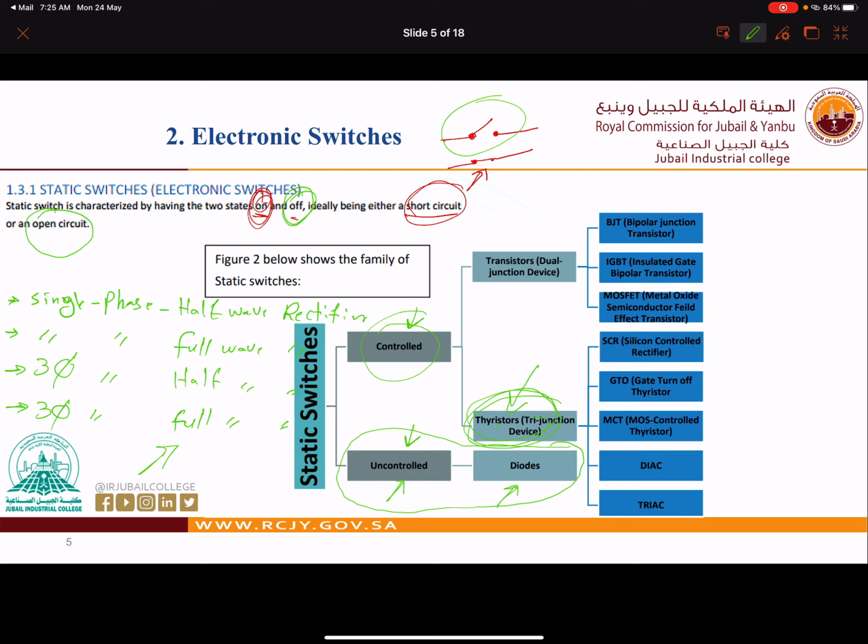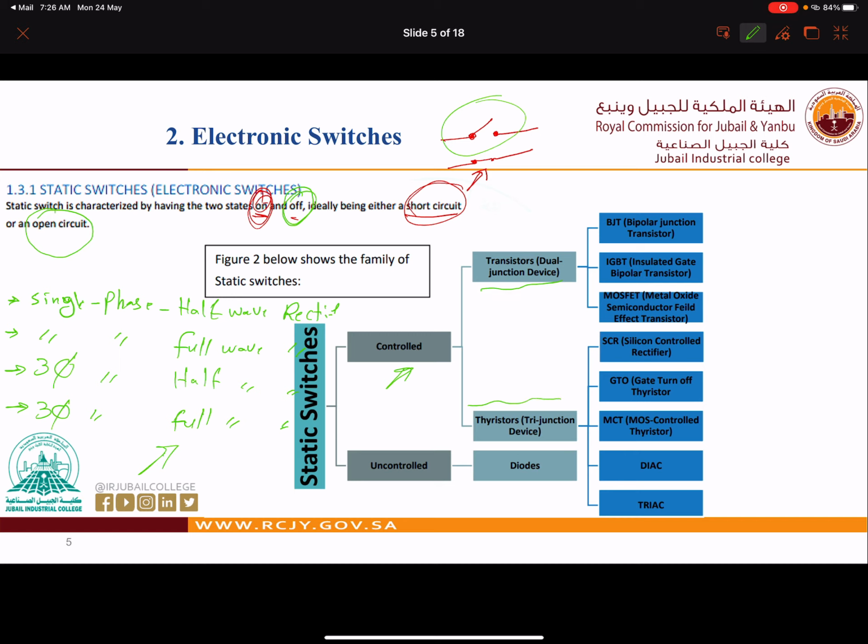And again inshallah I'm going to explain why it is controlled in the coming weeks. Now the control part here, let me just erase those ones here. Now for the controlled switches, we have transistors, we have thyristors.